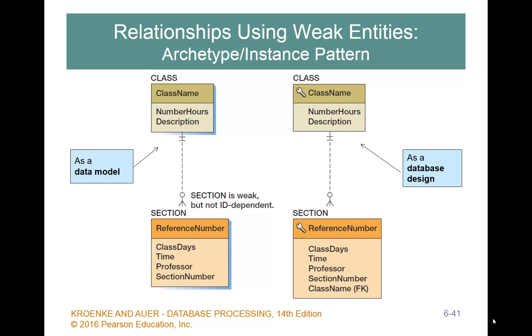Now, if we're representing or transforming relationships that use weak entities, we go back to our rules. Even though in this particular example section is considered a weak entity, it does not necessarily have to be an ID dependent type situation.